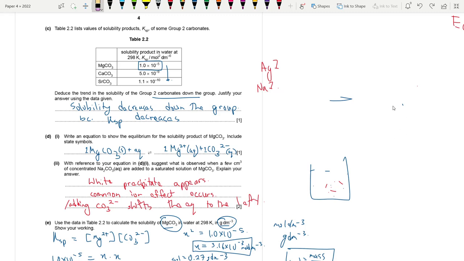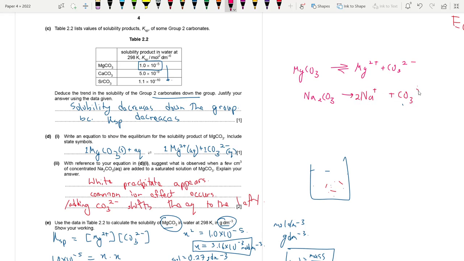The first equilibrium is MgCO3 to Mg2+ and carbonate 2-, right? On the other hand, this is the other equilibrium. When we add sodium carbonate to the solution, it completely dissolves to give this. It's a full dissociation. So this is the common ion between both of them, right?